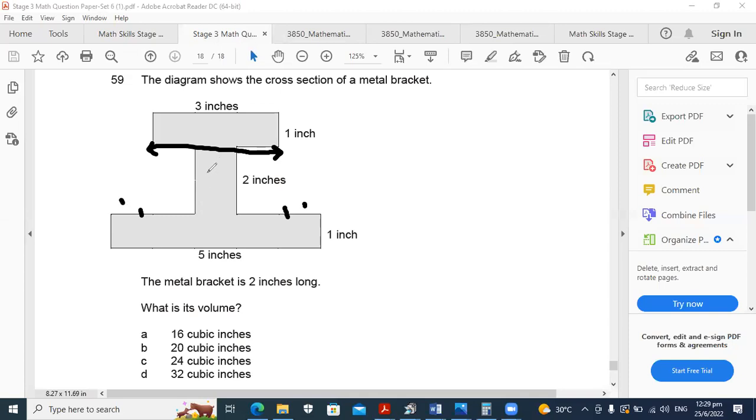You know, I'm wondering if this is 1, 1 and 1. You see what I said? So I'm wondering if this piece is just 1.